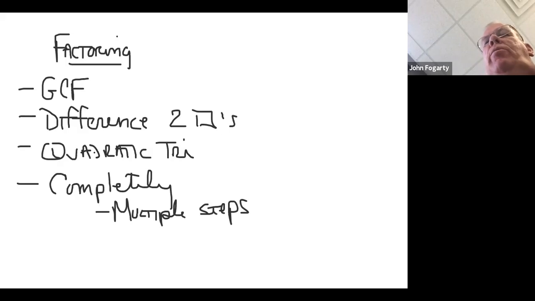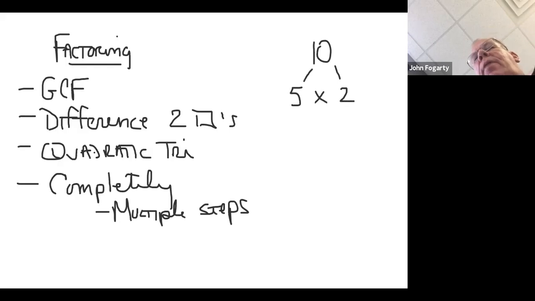If I said to you, 10 is the number, one of its factors is 5, what's the other one? 2. Why? Because 5 times 2 is 10. So when we say to factor something, that means to break it down into two numbers whose product is the original. The difference is, we're not using numbers, we're going to be using polynomials, all right?